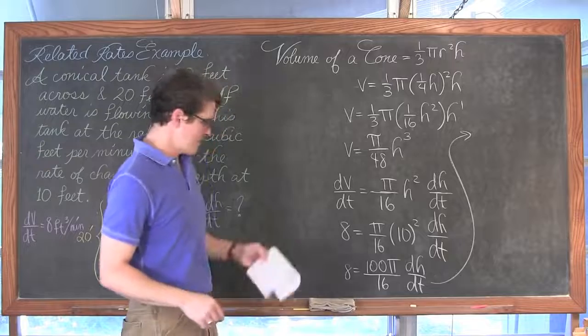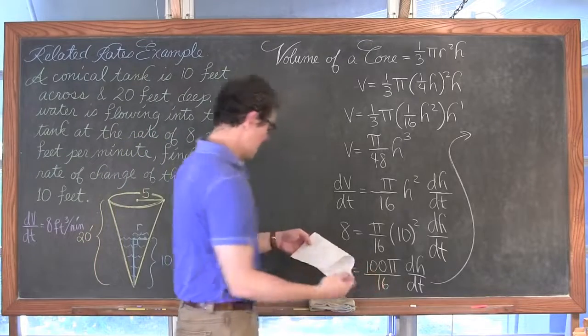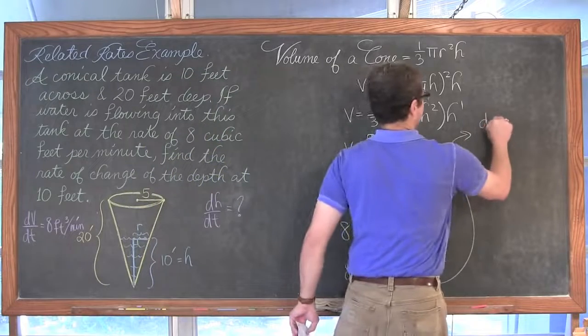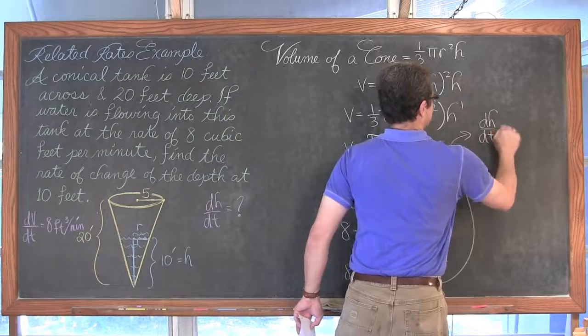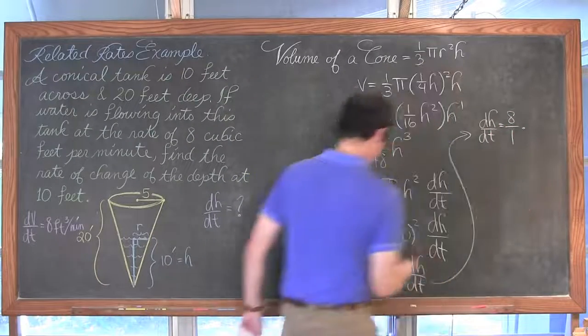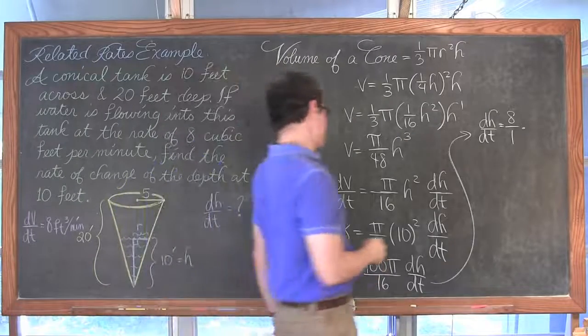If we wanted to keep this in exact format, we would multiply both sides by the reciprocal. So dh/dt is equal to 8 over 1 times, take this fraction and flip it, multiply it to both sides of the equation, so times 16.